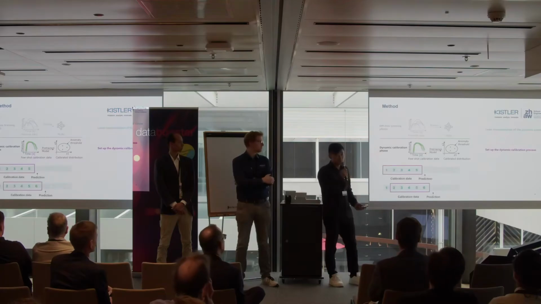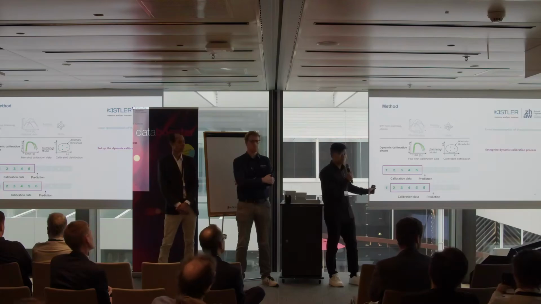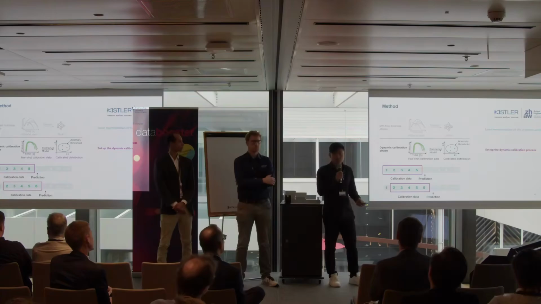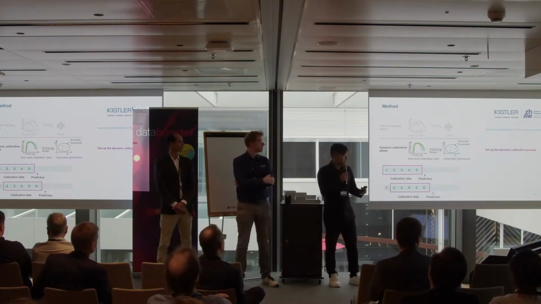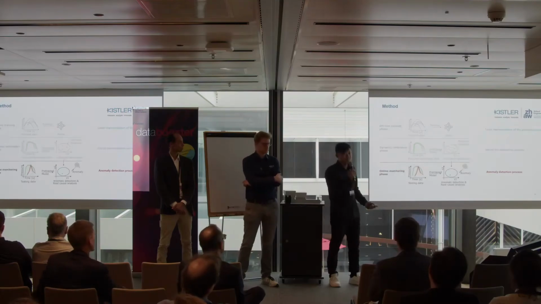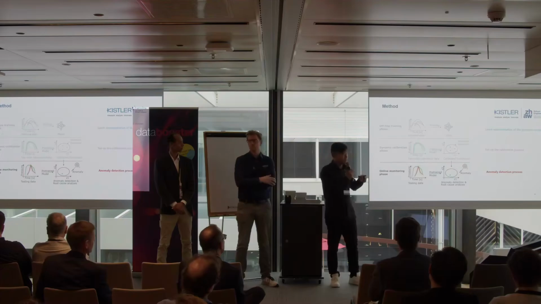That's why we come up with the dynamic calibration, where we move the calibration window forward after the next prediction is good. In this way, we already keep the updated distribution of the calibration data to counteract the data drift. And after the calibration process, we set up the bound.